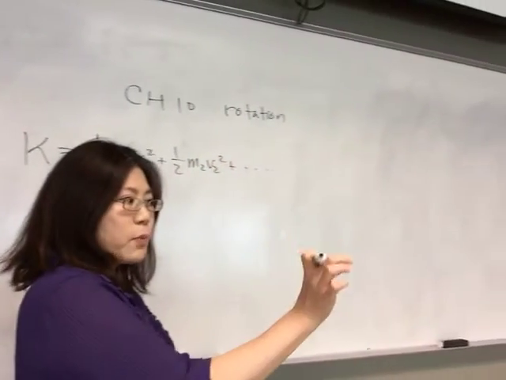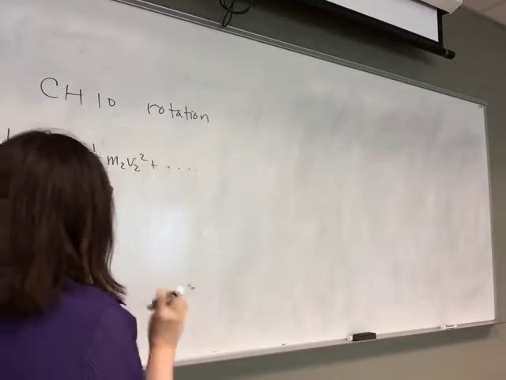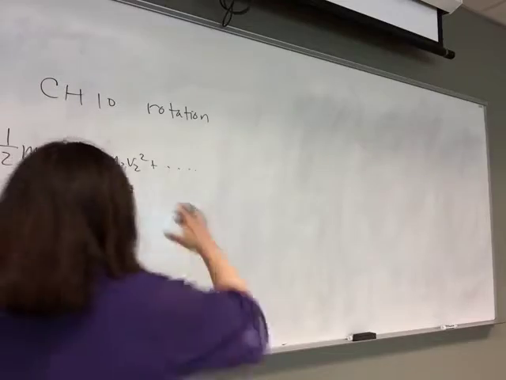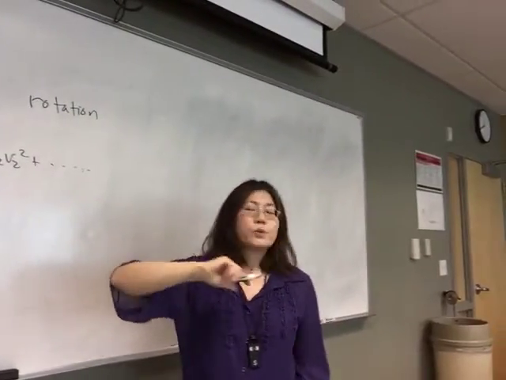You divide the object into small parts, each part has its own velocity, you apply this equation, and then sum up all the contributions.